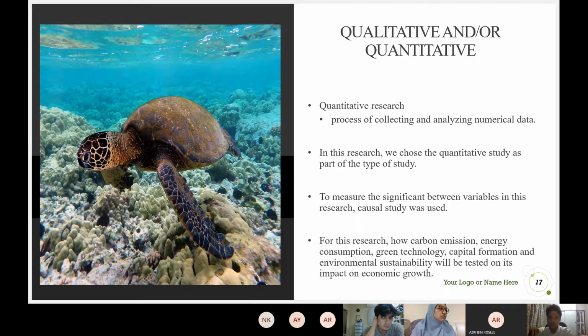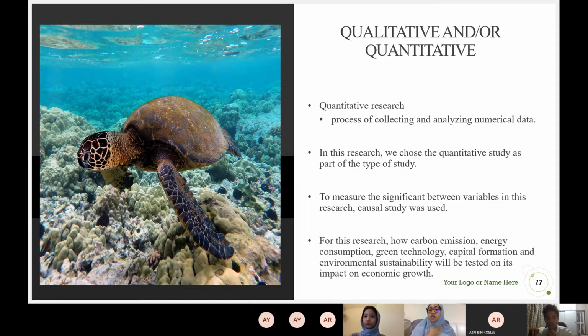It can be used to find patterns and averages, make predictions, test causal relationships such as we are doing, and generalize results to wider populations. In this research, we chose the quantitative study as the type of study to measure the significance between variables.